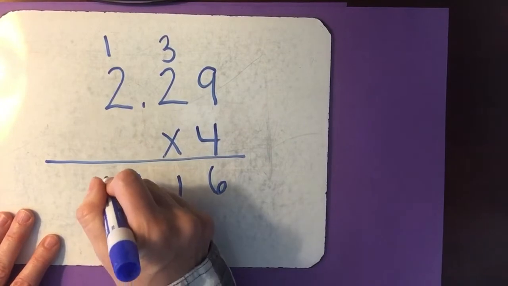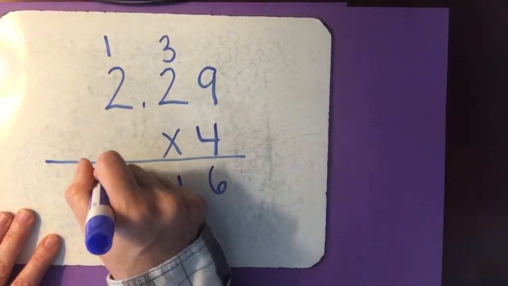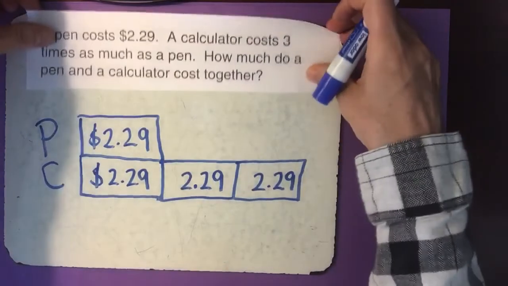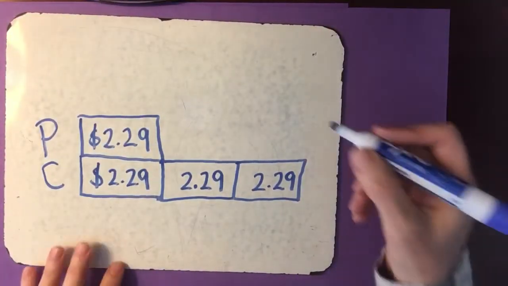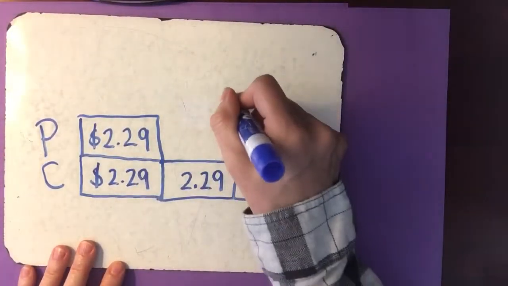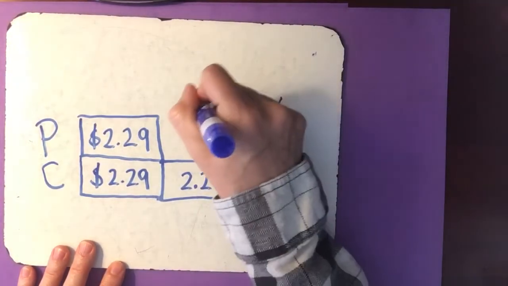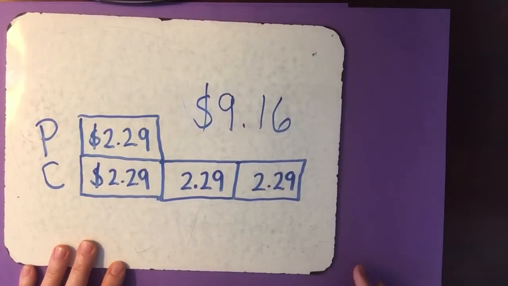So the answer to this problem is $9.16. And so back to this, what our answer was when we added this all together or multiplied, we got $9.16 to purchase both the pen and the calculator. Okay?